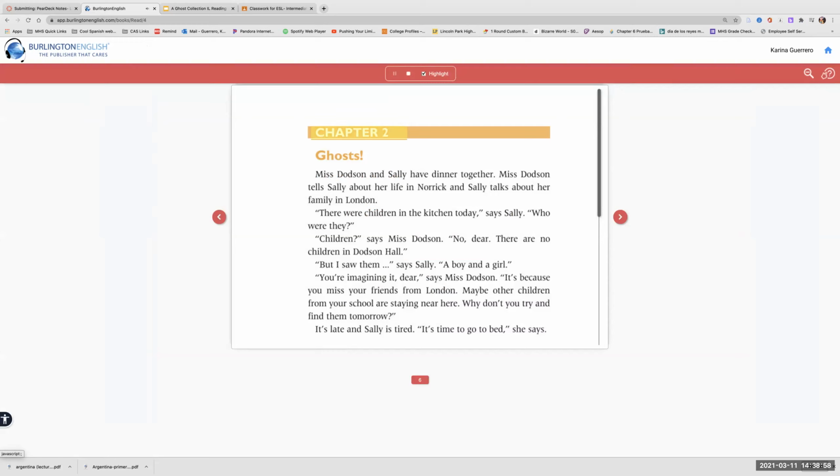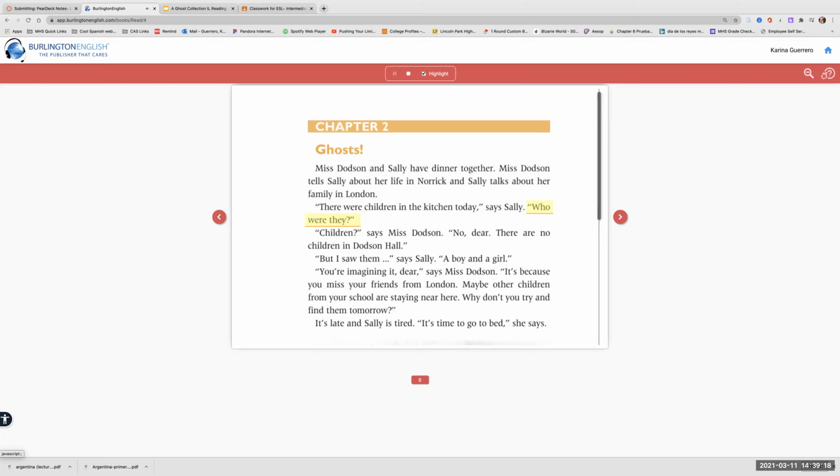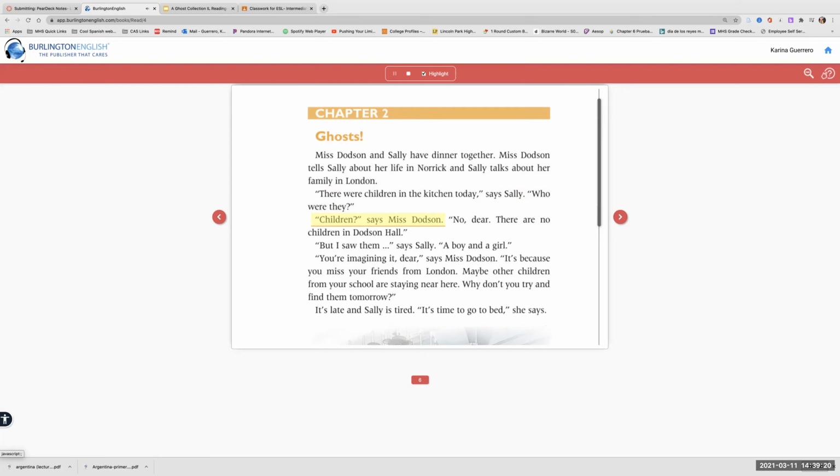Chapter 2. Ghosts. Miss Dodson and Sally have dinner together. Miss Dodson tells Sally about her life in Norwich, and Sally talks about her family in London. There were children in the kitchen today, says Sally. Who were they? Children, says Miss Dodson. No, dear, there are no children in Dodson Hall.